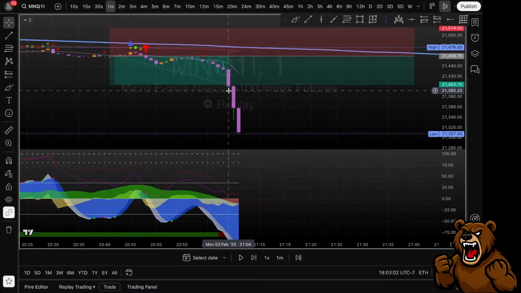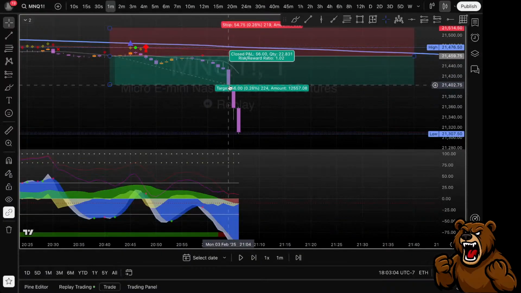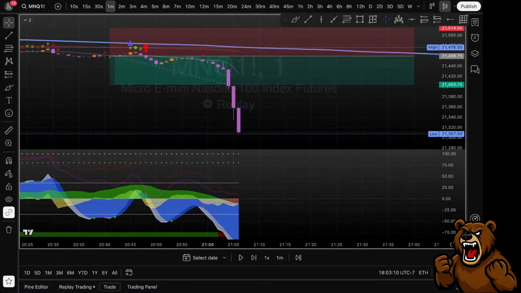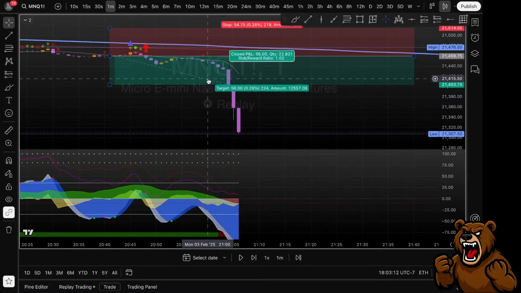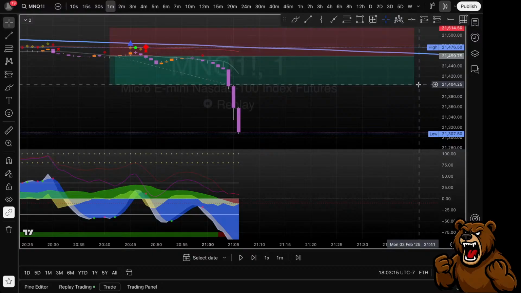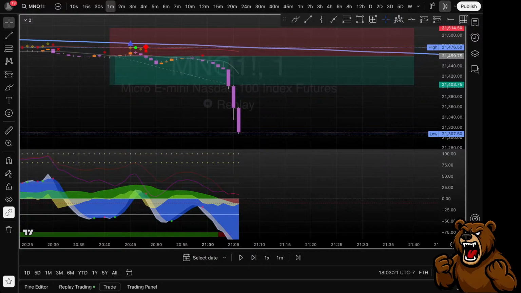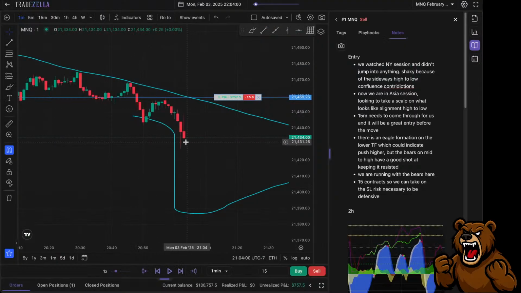So we get to take profit as close to 402.75 as we can get. 402. You know, the bottom of this candle here at 21.04, the minute candle, 21.04.